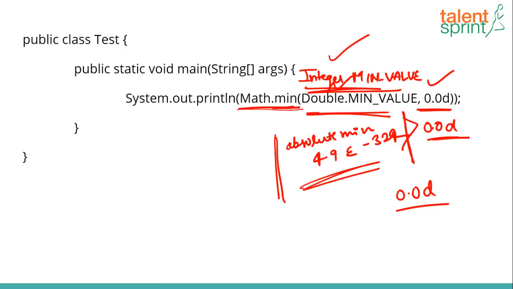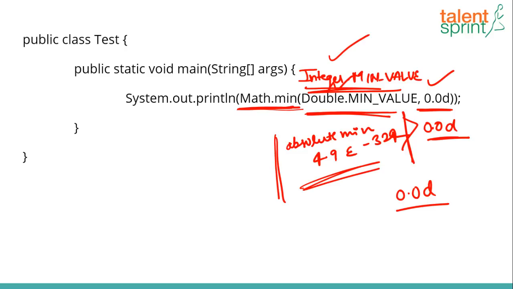Okay, I think now you are able to hear me. So what is happening here is we have a println. In the println we have Math.min. The min function checks what is the minimum value between the two parameters that are given. The two parameters that we have are Double.MIN_VALUE and 0.0d. Now we have to calculate which is the minimum.